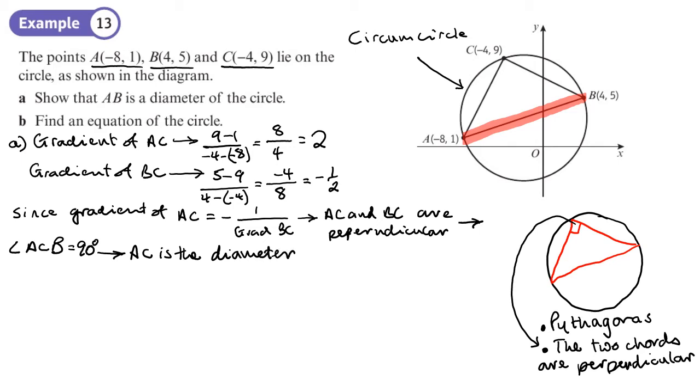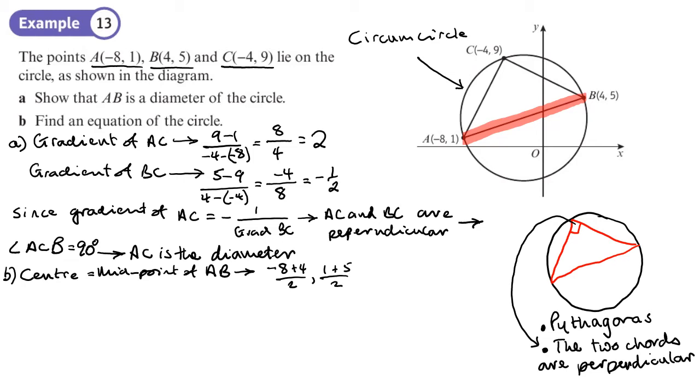Part B, find an equation of a circle, so we need to find its centre and its radius. Let's find the centre, that's going to be easier. So that's going to be the midpoint of AB, which is -8 plus 4 over 2 and 1 plus 5 over 2.